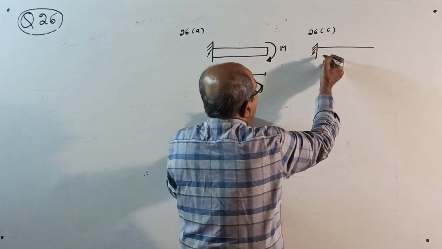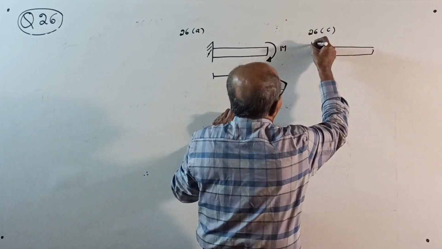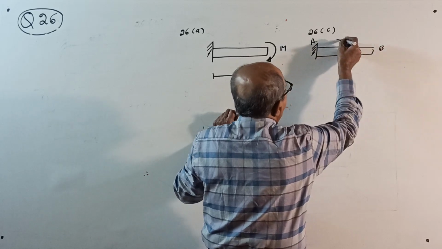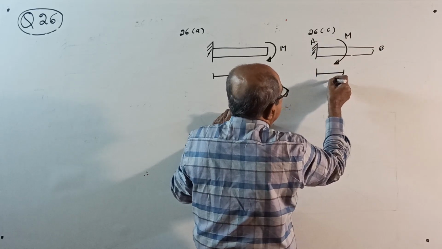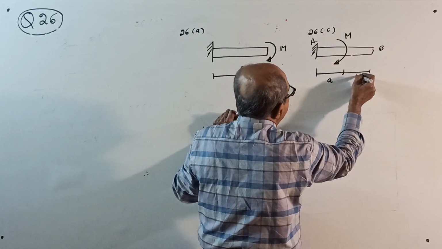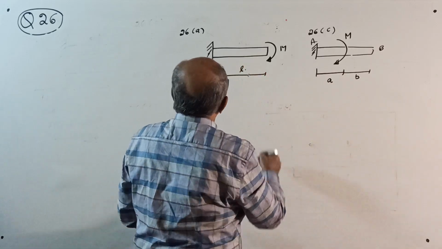I want A, B: a clockwise couple M at A from here, and at B from here. Now, this is AB.